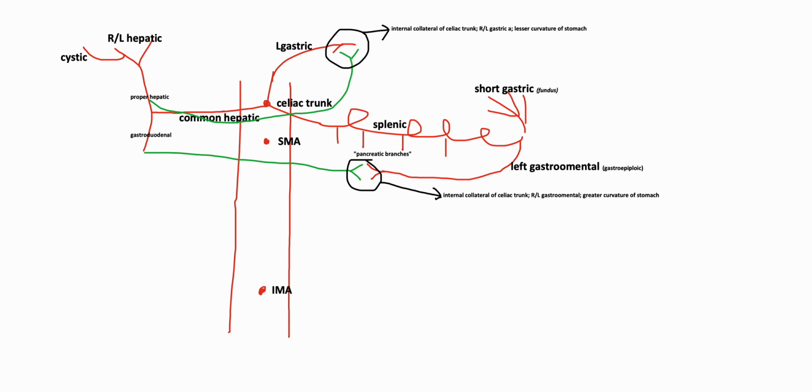All right. Next, the gastroduodenal artery is going to give a branch going down, like so. That is going to split into two further branches that I will draw as a little U shape. And these are the arteries that form an anastomosis between the celiac trunk and the SMA. So we call these arteries the superior pancreaticoduodenal arteries.